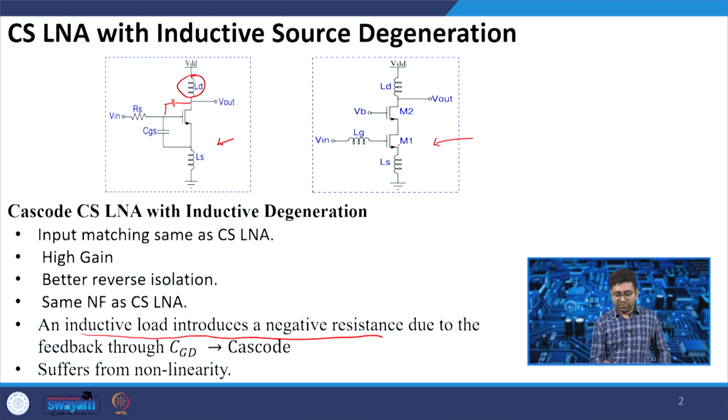This is a common source followed by a common gate configuration, and it will also help us isolate the input and output. As we discussed when designing a low noise amplifier using the S parameter method, we try to make S12 equal to 0. That is unilateral.